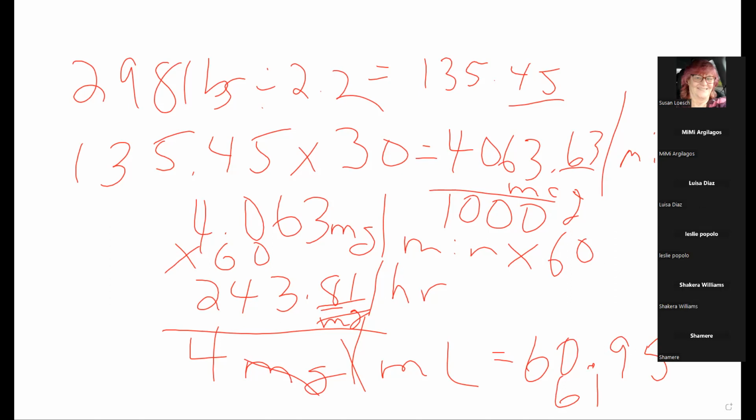Ms. Loesch, I have a question. I know it's something simple, but what I got mixed up on the test is at the end where it said, put the nearest whole number. Since it didn't say round, I didn't round up. When it says nearest whole number, should I round? You should round it to a whole number. There should be no decimal when you're supposed to have a whole number.